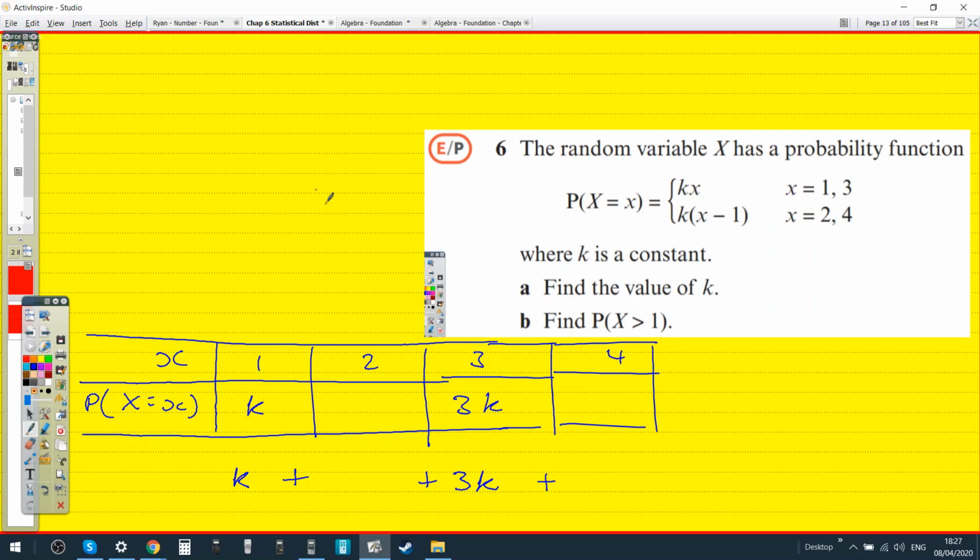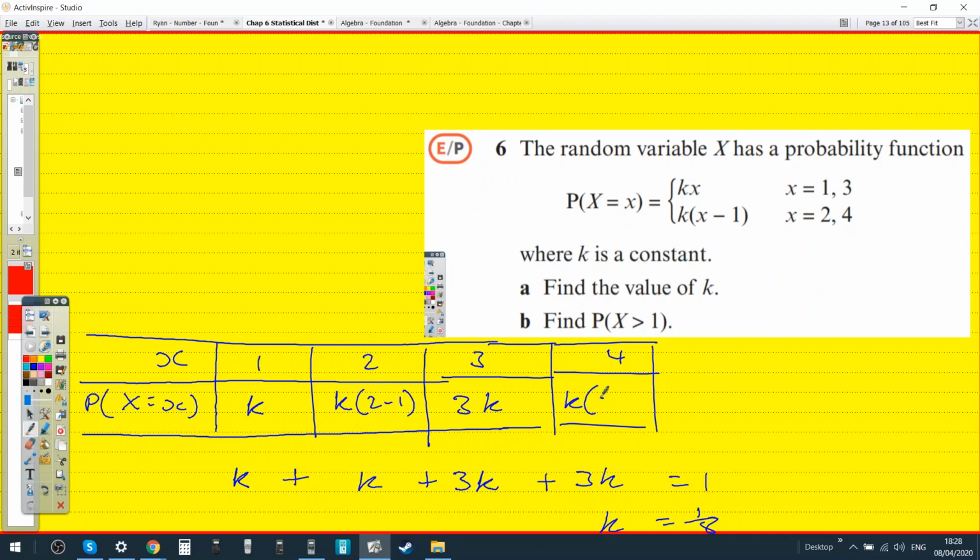Just k. So plus 1. And then for the other one, it would be k and then 4 minus 1, so 4k minus k, so plus 3k. So 8k equals 1, so k equals 1 over 8. 1 over 8. And question B.